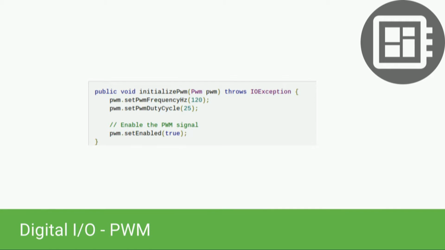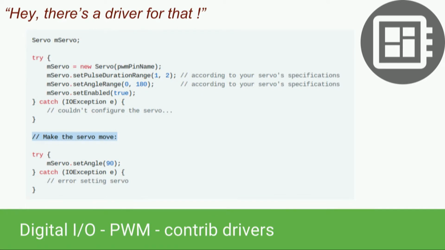It takes a lot of knowledge, but there's a driver for it, so it's already taken care of. So now you just have to say, I know there's a servo on this PWM port, so let's create it, set the pulse durations, angles, and stuff, and enable it, and bam, you're good to go.